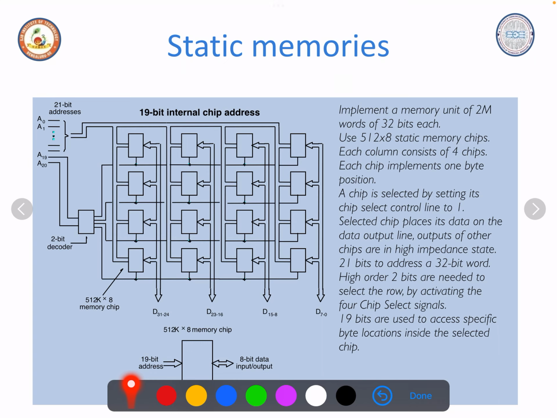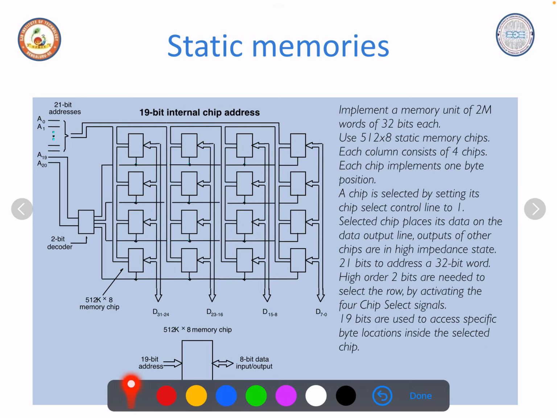You have a 2-bit decoder with 2 bits, so you can have 4 combinations. So 4 cells are arranged in an array, and each one is a 512K by 8 static memory chip. Likewise, we have 4 rows with a 2-bit decoder.